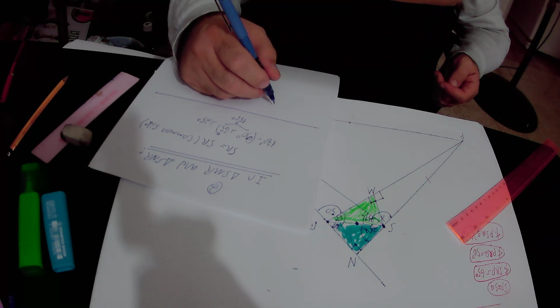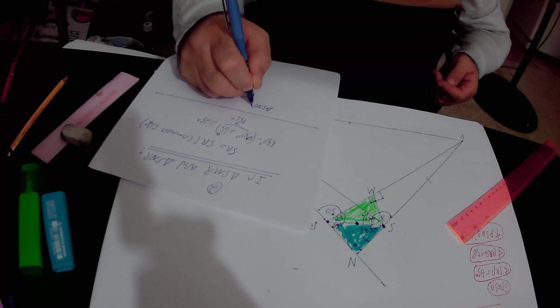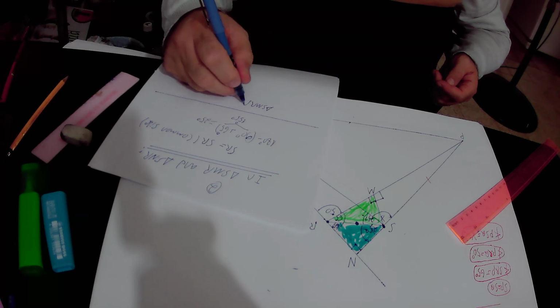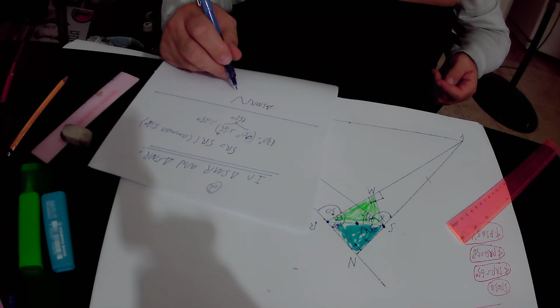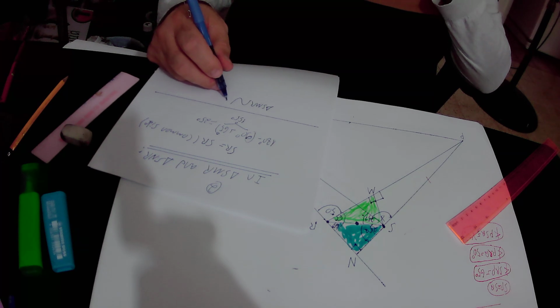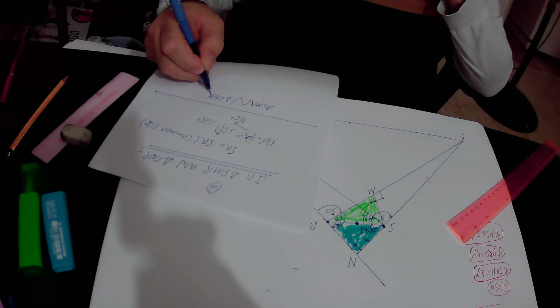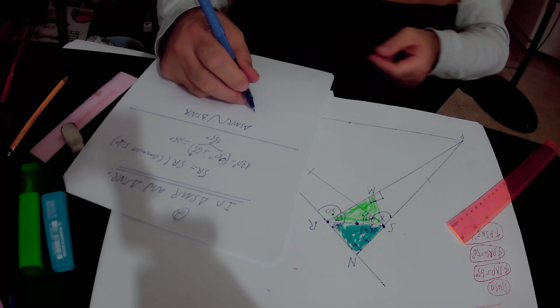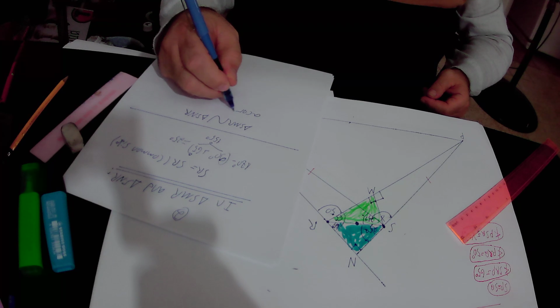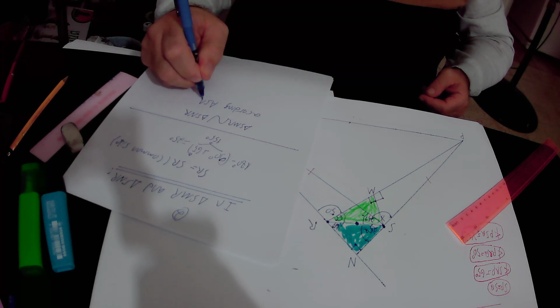The green right triangle SMR is congruent, this is the sign of congruent, to the blue right triangle SNR, according to angle side angle rule.